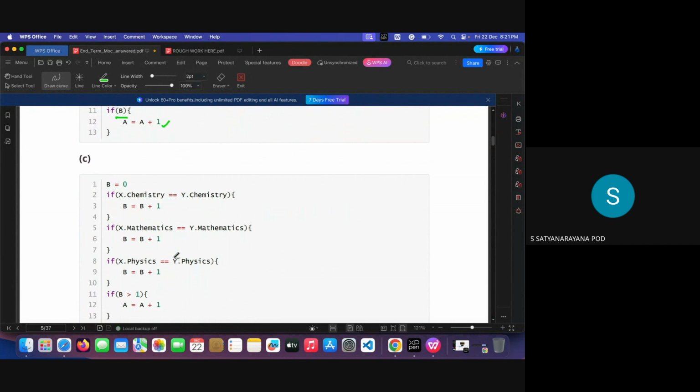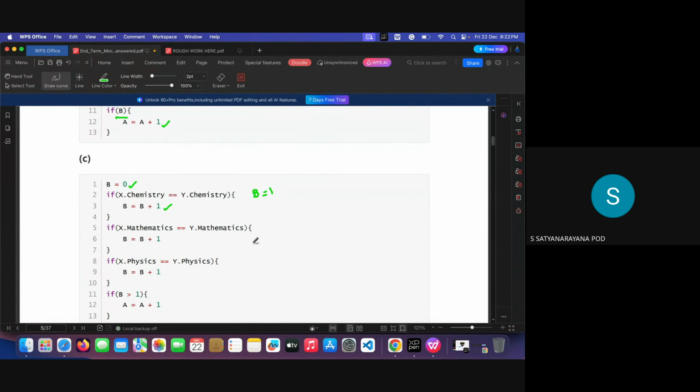They did something in a different way. Different way in the sense, instead of using a Boolean variable true or false, they use some integer variable. So let me see, the integer variable is 0. Now, whenever equal marks of chemistry is there, B is increased. Of course, whenever the first subject is equal, B will become 1.